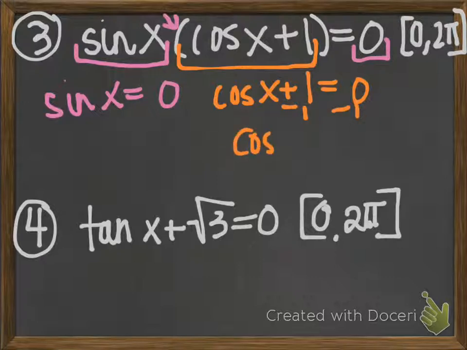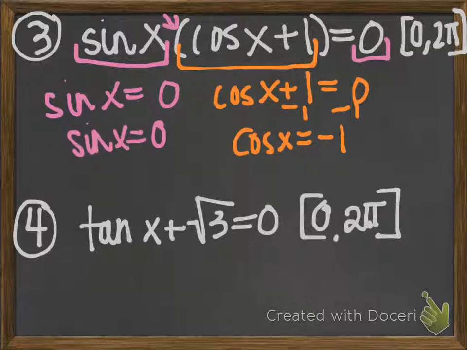So where is the cosine of x equal to negative 1? And where is the sine of x equal to 0? Right? So sine of x equals 0, I think we just did that one, didn't we? Where is it, guys? Sine of x is 0. Oh, y value. We just did sine of x equals 1, didn't we? So this is at 0, at pi, and at 2 pi.